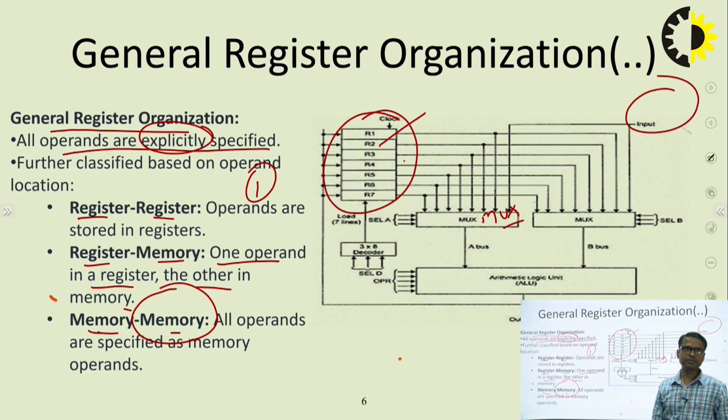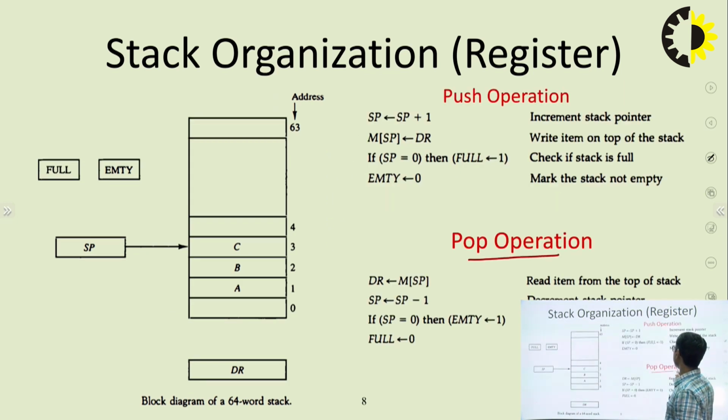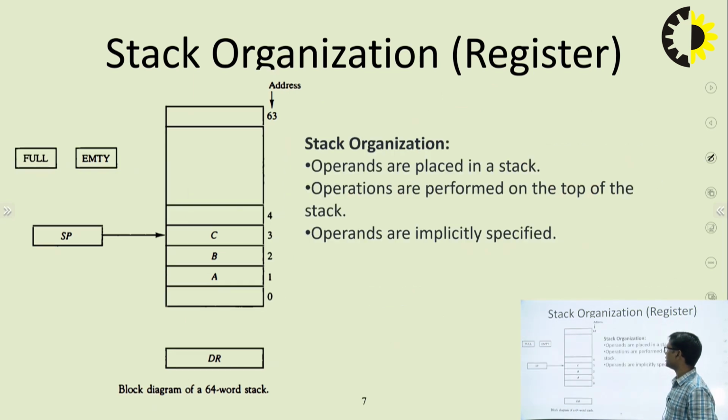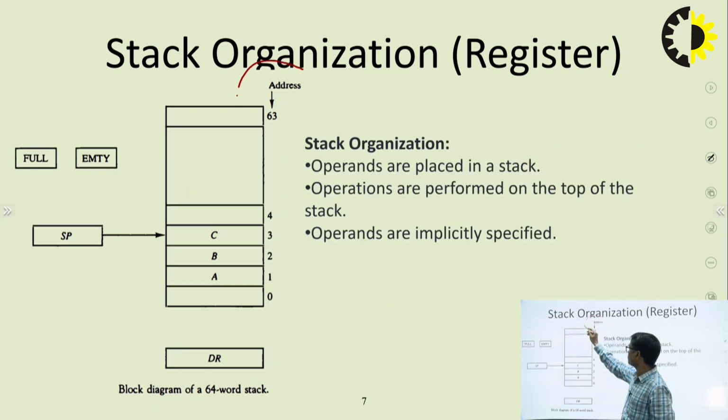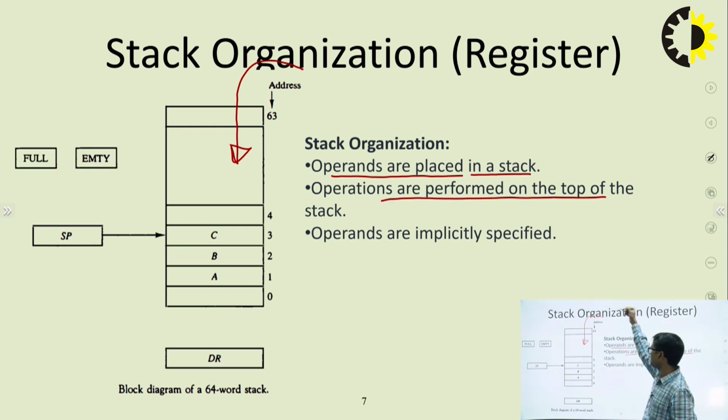Fine. Now, another class of organization is called a stack organization. Here, we use a stack, and a stack has push and pop operations that we have already discussed, and in this operation we store data from the top of the stack. In the stack organization, operands are placed on a stack and operations are performed on the top of the stack, that is the open end of the stack.